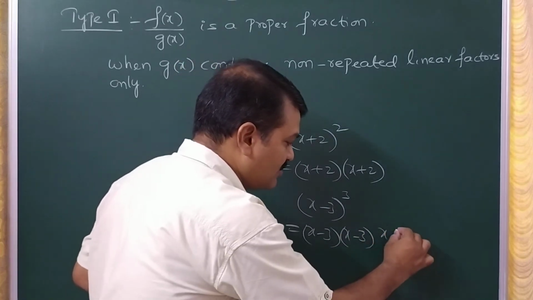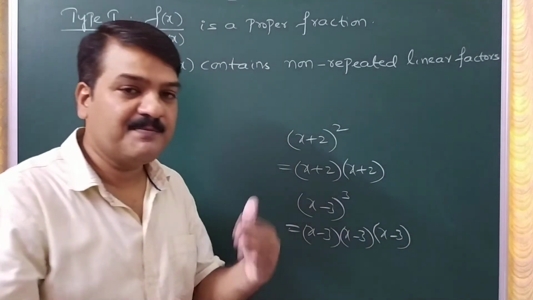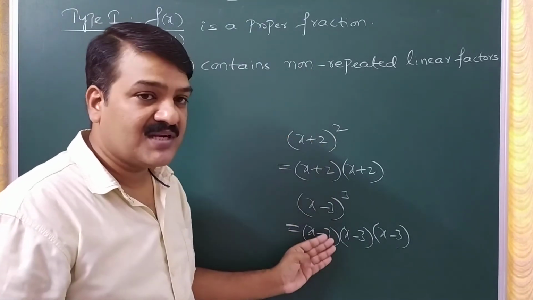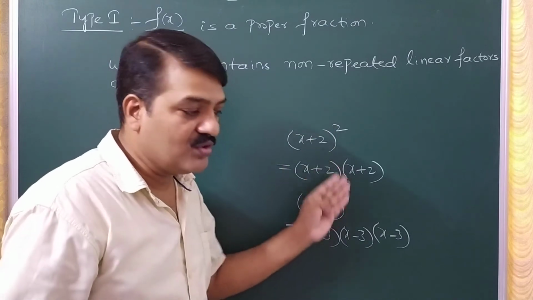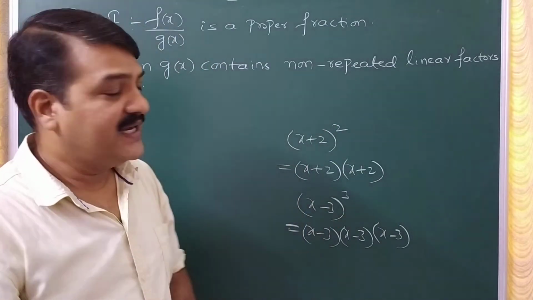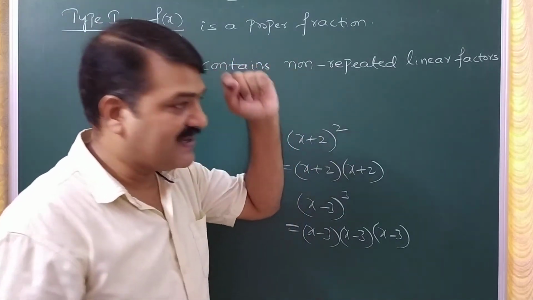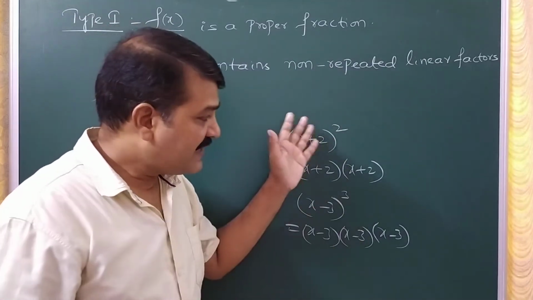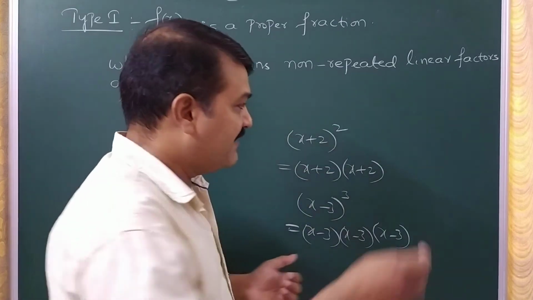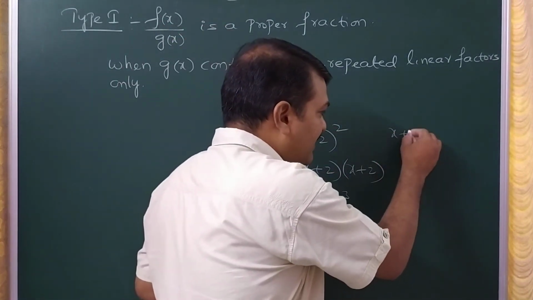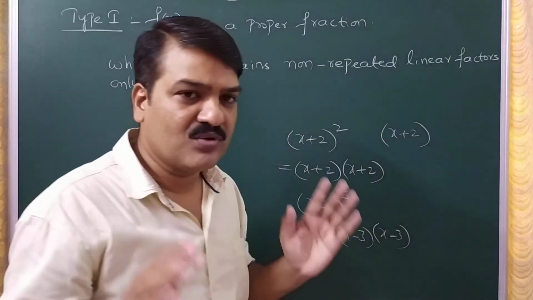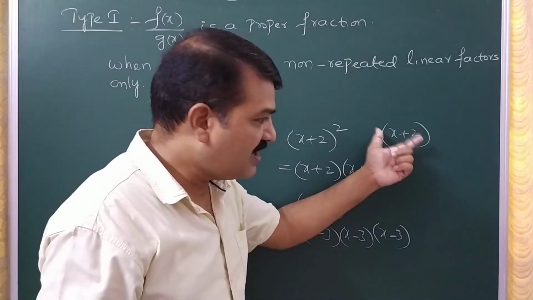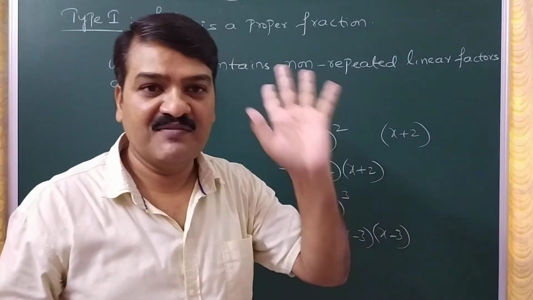If a factor is repeating twice or thrice, that means having whole square, whole cube, whole power 4 like that, it is called a repeated factor. Non-repeated means a factor occurring only once, only x plus 2 without whole square or whole cube. It is called non-repeated, which occurs only once.